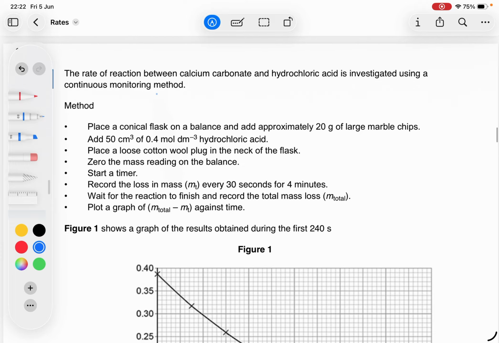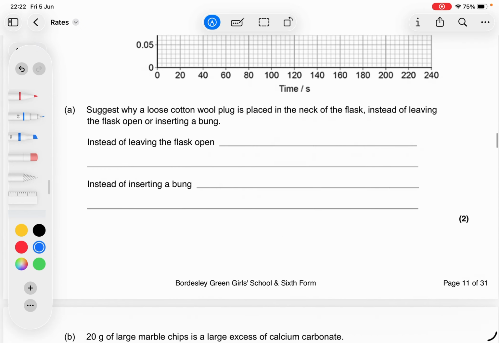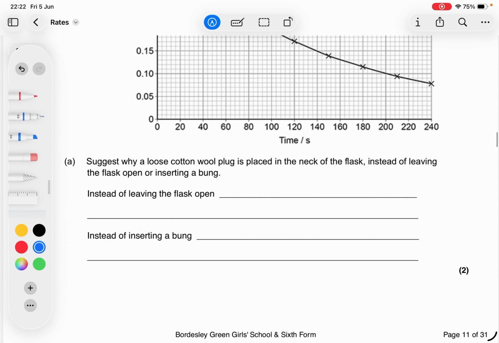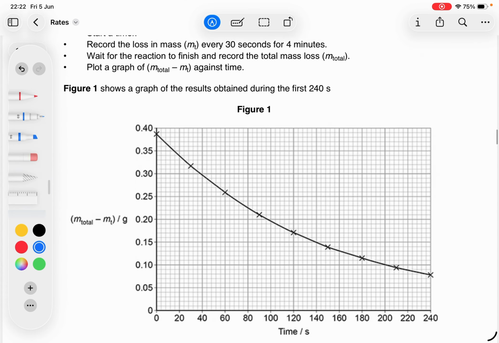Again, if you look at this question in front of you now, it says the rate of reaction between calcium carbonate and hydrochloric acid is investigated using a continuous method. The core practical you did was between magnesium and HCl. Same procedure. They've plotted the graph for you. It asks why a loose cotton wool is placed in the flask instead of leaving the gas open.